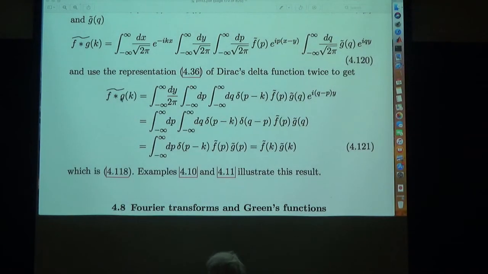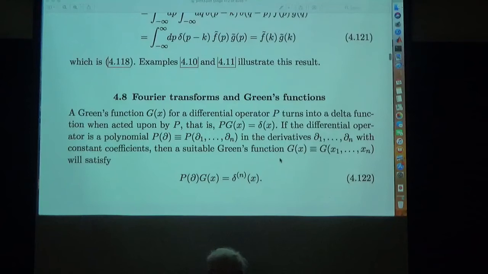The Fourier transform of a convolution is the product of the Fourier transforms. And so that's just a wonderful result. So, as I said, as a graduate student, two of your best friends are the Dirac delta function and the Fourier transform. The Fourier transform made simple by the use of his delta function.